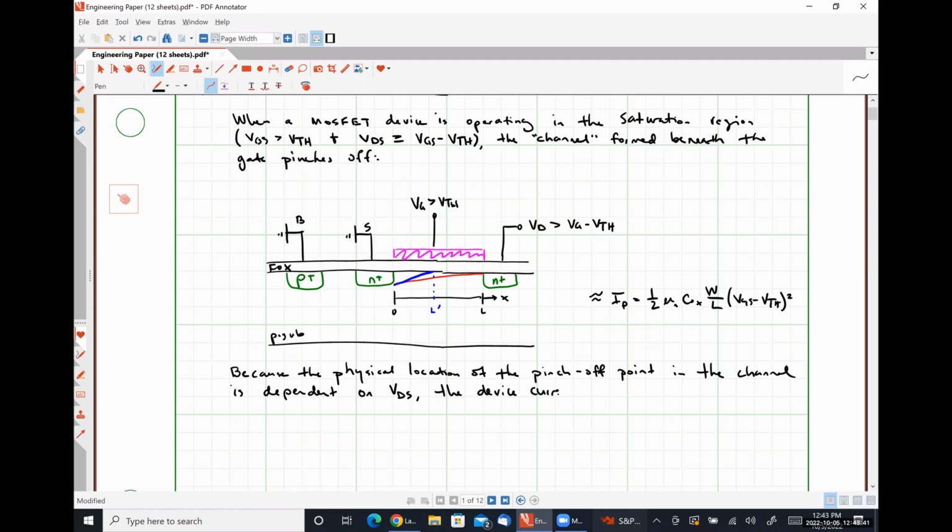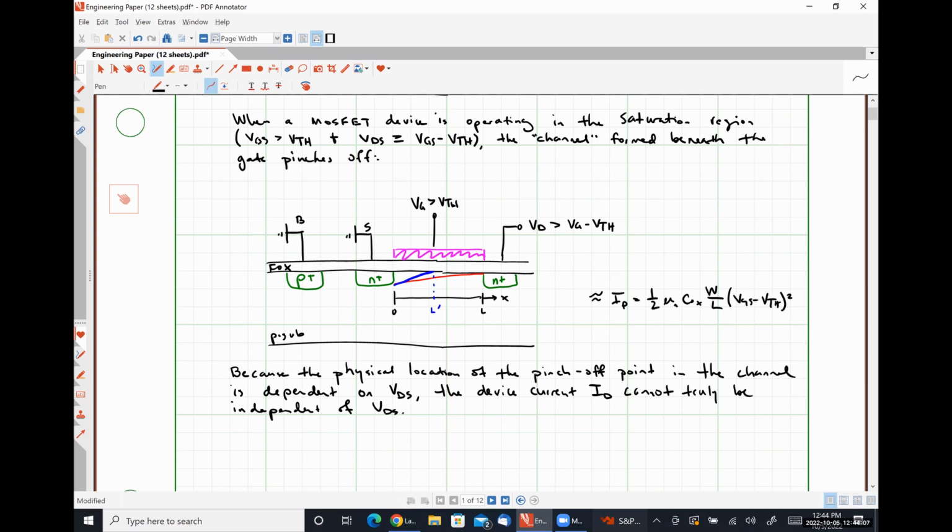the device current ID cannot truly be independent of the voltage VDS.